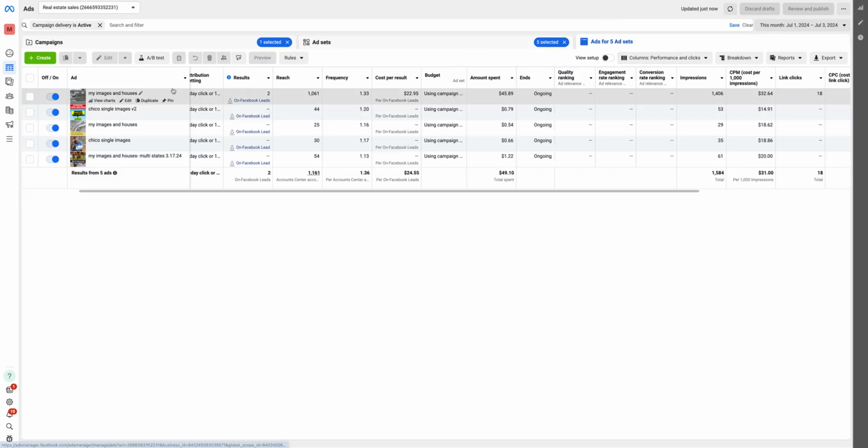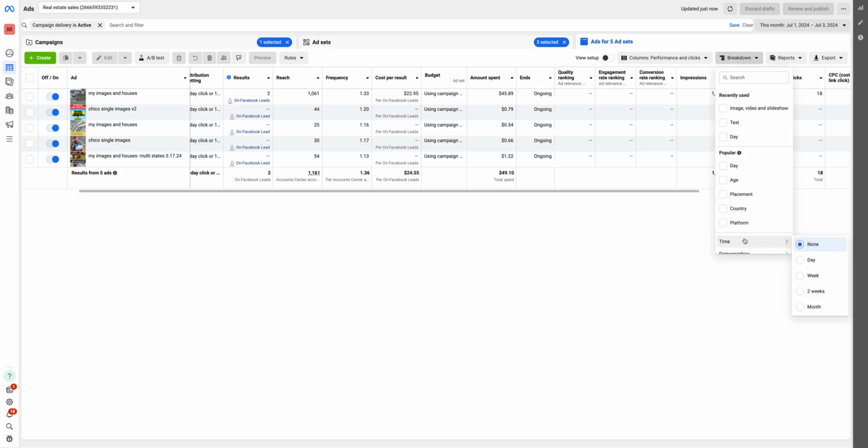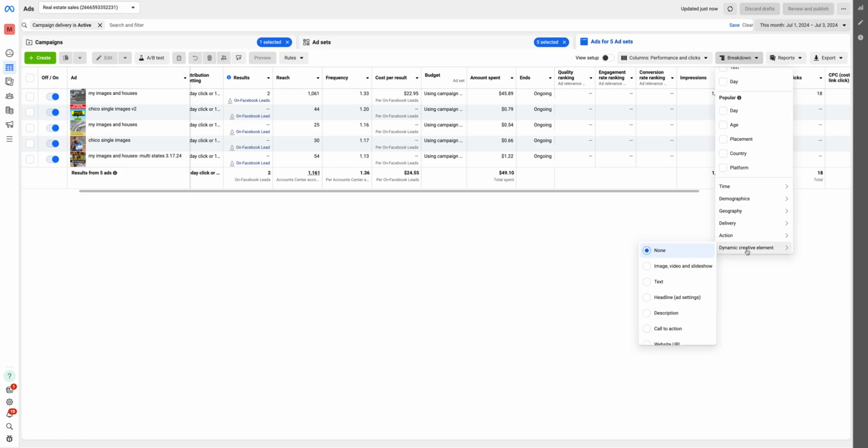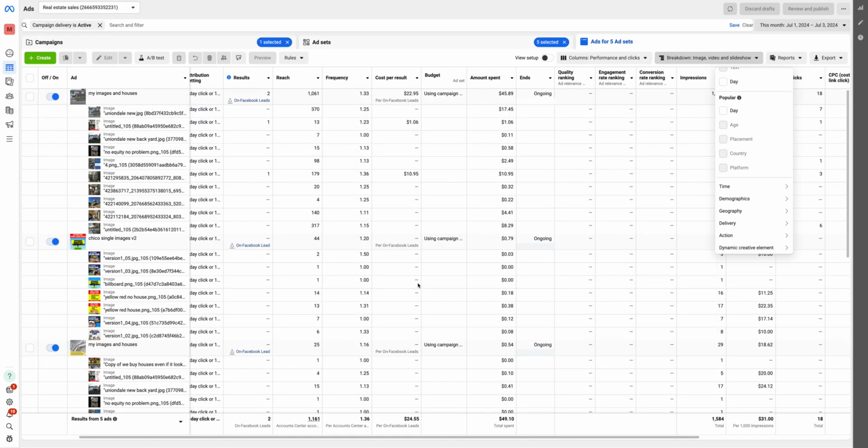But remember, each one of these has multiple pictures, multiple headlines and such. So we're going to go over here to break down to see which of the dynamic creatives are working. We're going to first look at images.